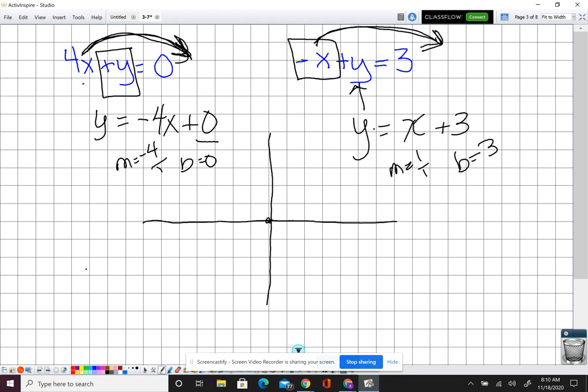So the y-intercept is 0, then down 4/1. That's going to be my other point, and I'm connecting those. This one has a y-intercept of 3 and a slope of 1, so up 1/1.